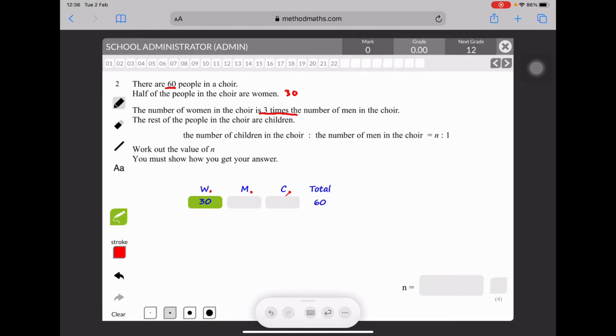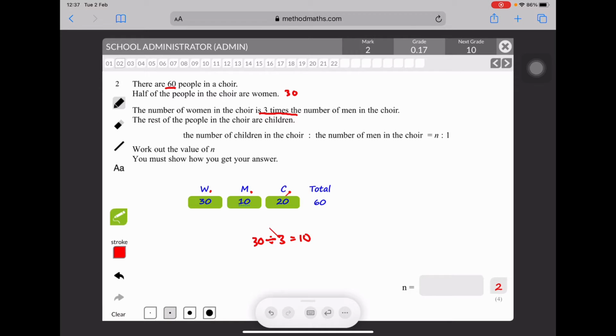So there's 3 times as many women as there are men. So 30 divided by 3 equals 10. And so we have 40 people, the rest of them are children. So 20 of them are children.